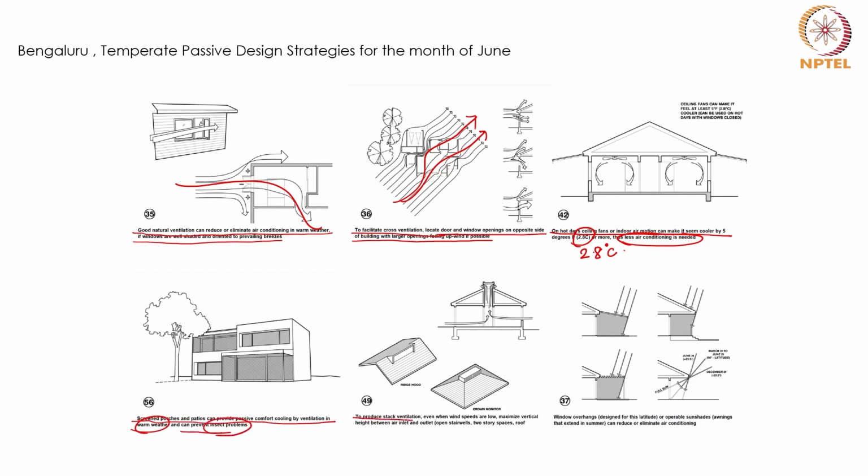In order to produce stack ventilation, even when wind speeds are low, we can maximize vertical height between air inlet and outlet by using stairwells, two-story spaces or double-storied height, differential roofs, attics, mezzanine floors, etc. Window overhangs designed for this latitude or operable sunshades like awnings that extend in summer can reduce or eliminate air conditioning completely.